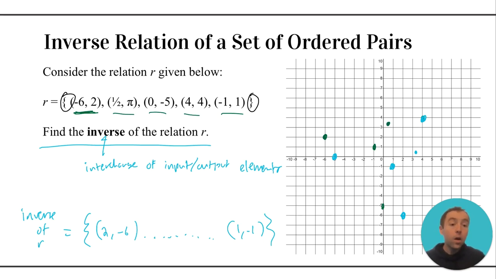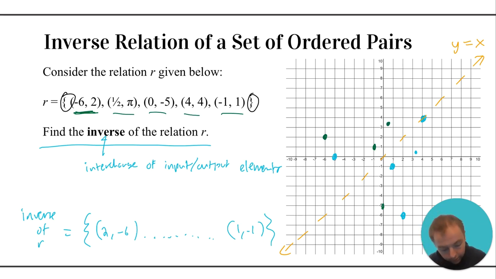Okay? So whenever we look at graphs of inverse relations, there's one foundational characteristic that always holds, and that's some beautiful symmetry that occurs in these graphs. You'll recognize here that the line y equals x is the line of symmetry for the graphs of any inverse relations.